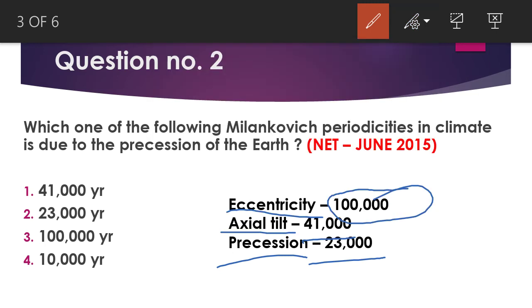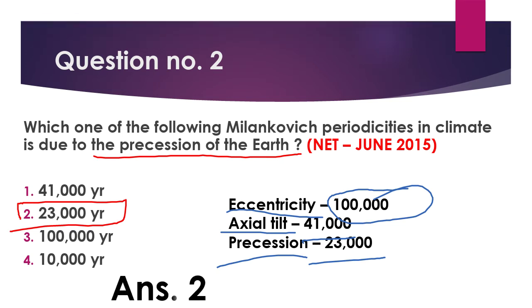So here the correct option is the second one, that is 23,000 years is taken for one complete precession of the Earth. So the second option is the right answer. And these two questions were asked in NET June 2015.